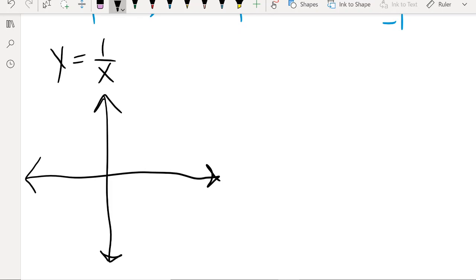And actually, I'm going to use two colors for this one because I need to make this a vertical asymptote. Here's my vertical asymptote. It's on the y-axis, and the x-axis is a horizontal asymptote.